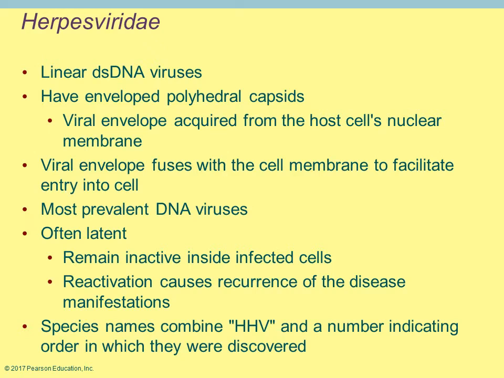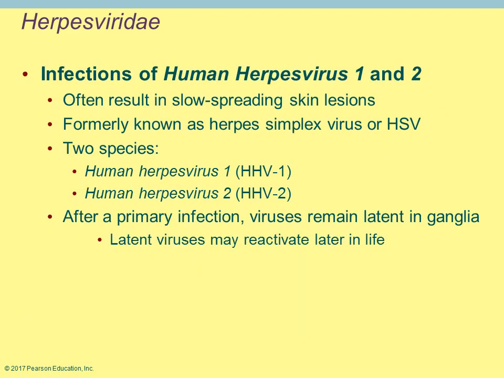The different species of it, even though we often don't necessarily talk about species per se with viruses, or different strains, they'll use HHV and then a number, and the number indicates the order that they were discovered. So, human herpes virus 1 and 2 often will cause skin lesions, very slow spreading ones.